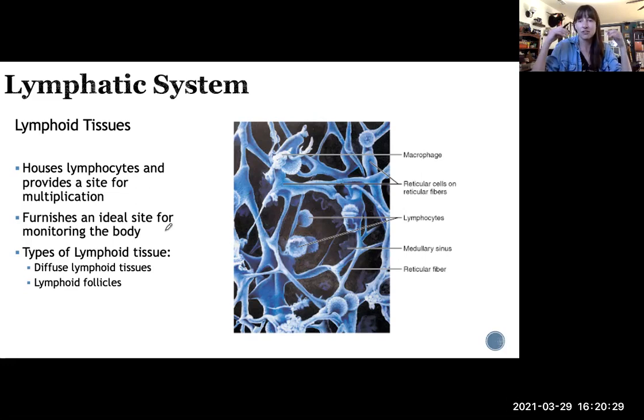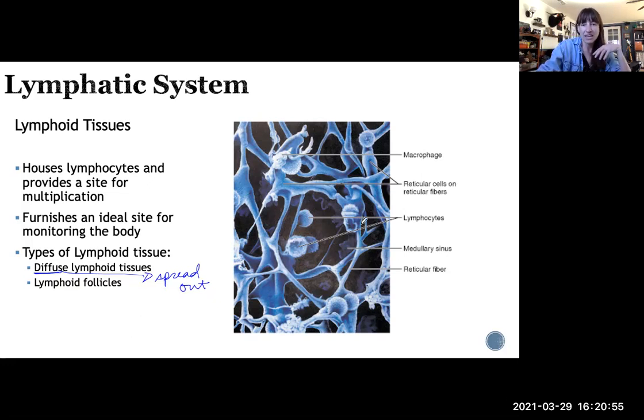You can trigger a strong immune response throughout your entire body, wherever infection may happen. These types of tissues can be diffuse, which basically just means that they are spread out. In other words, not in an organ.